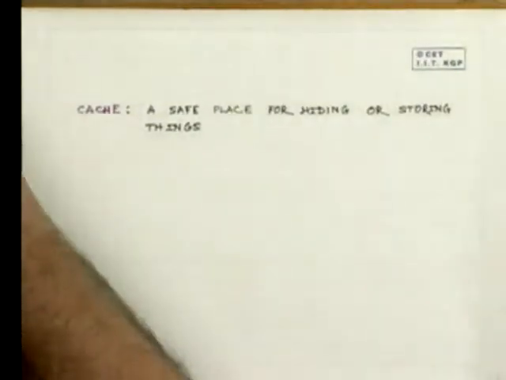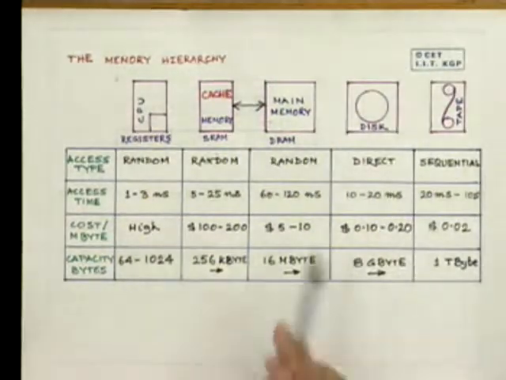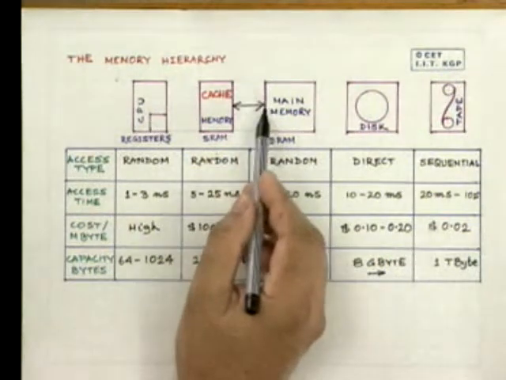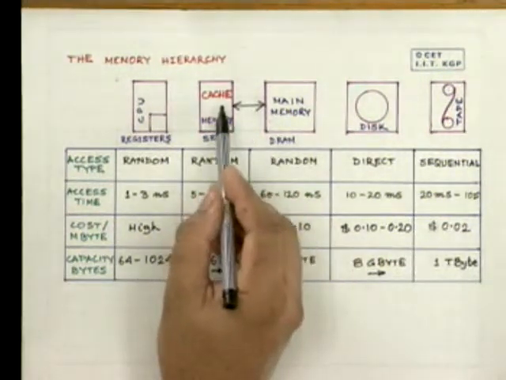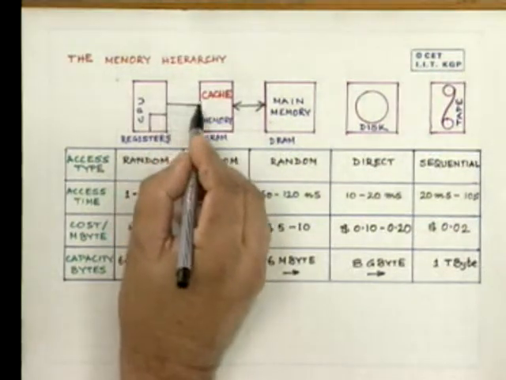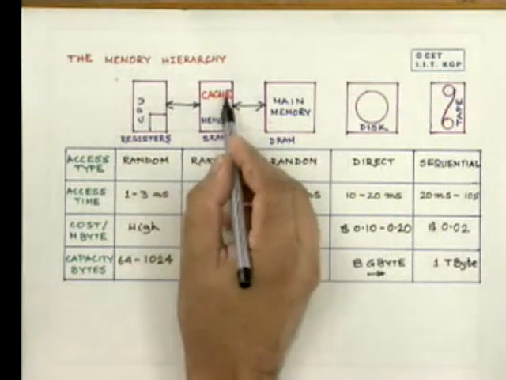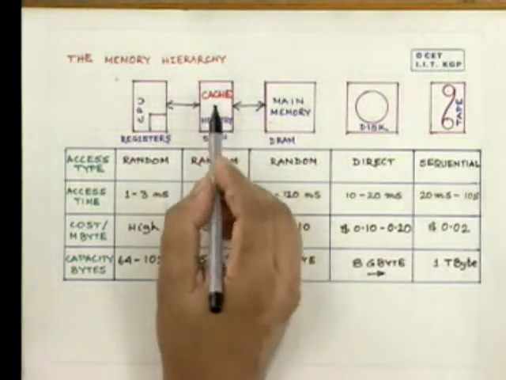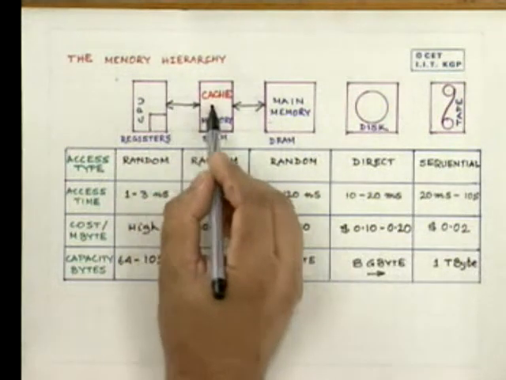The dictionary meaning of cache is a safe place for hiding or storing things. It is as if we are storing some part of the program in the cache memory. The CPU tries to access the program or the data from the cache as far as it is practicable and as long as it is there.